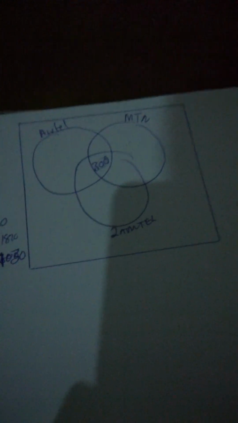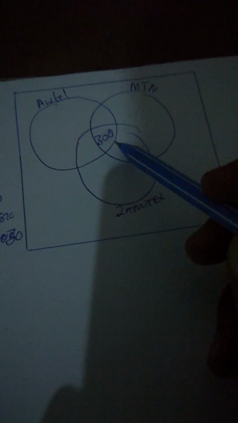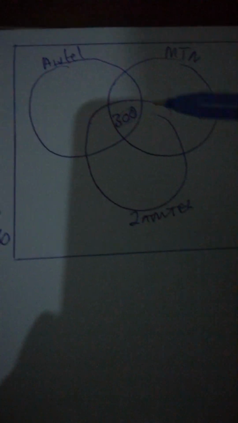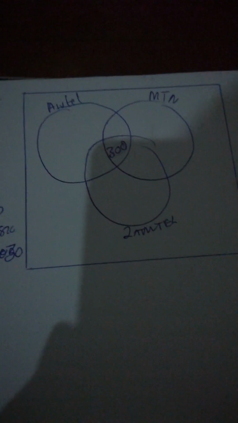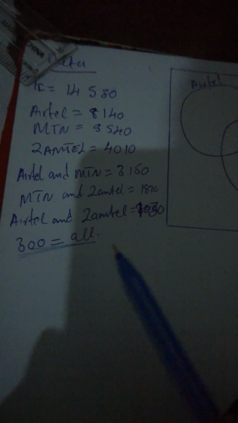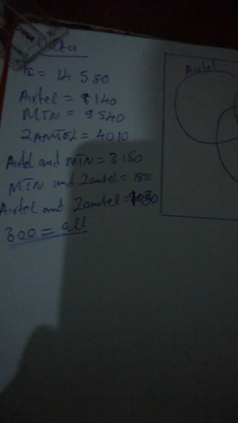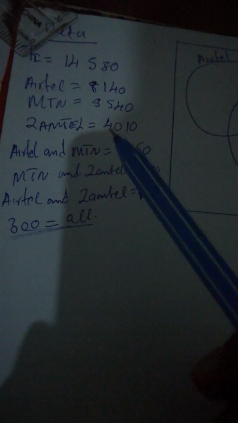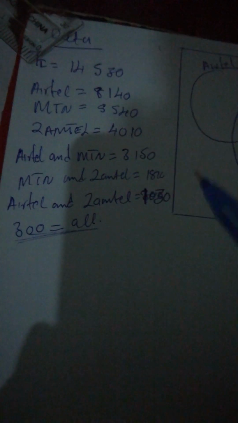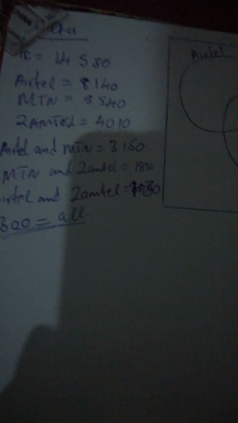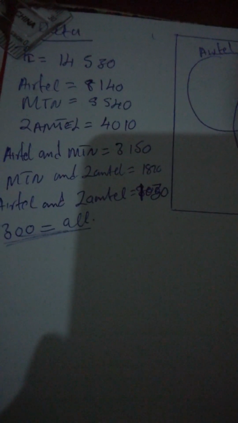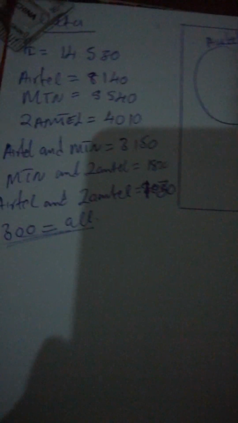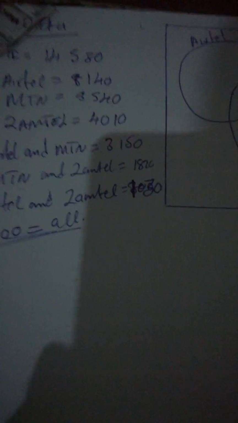Now, since we said "and" means intersection, we have the number of people who preferred Airtel and MTN. They didn't say they only preferred Airtel and MTN, meaning amongst these people there are some who preferred Zamtel as well.